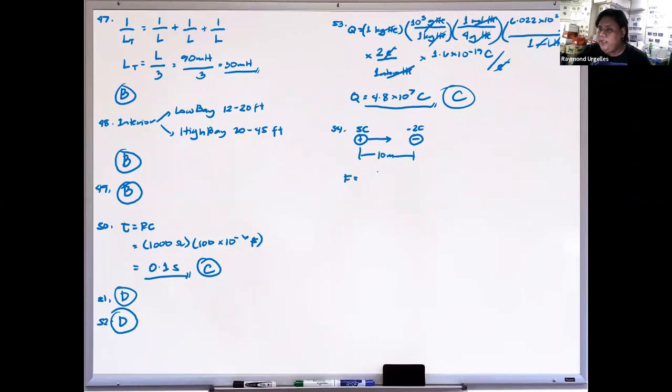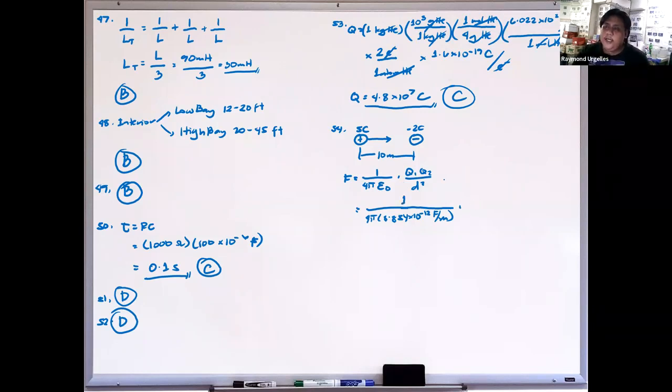Force is given by 1 over 4 pi. Walang sinabi tungkol sa medium or sa dielectric, so let's assume air, kaya epsilon naught lang. Then we have Q1 Q2 over d squared. So 1 over 4 pi times 8.854 times 10 to the negative 12 farad per meter, multiplied by Q1, Q2.